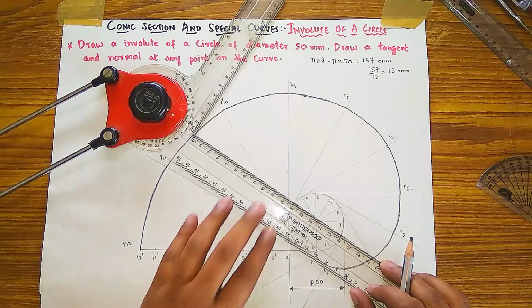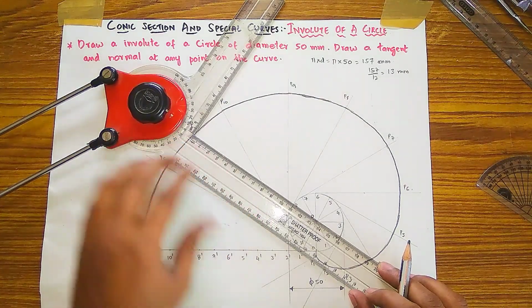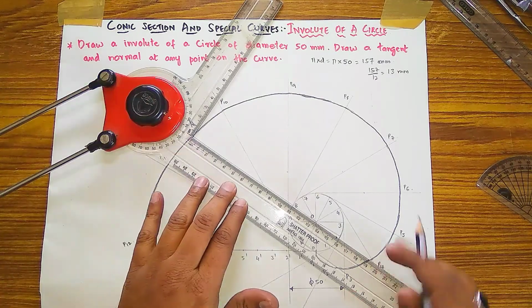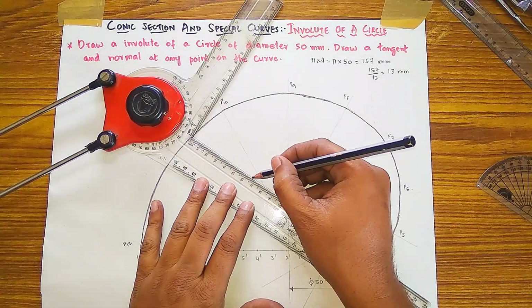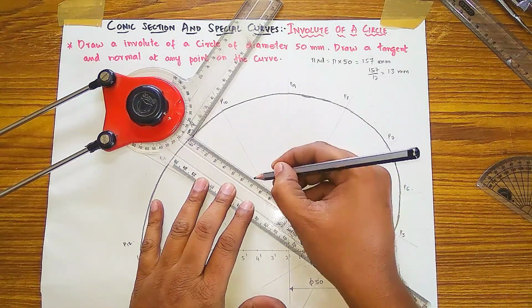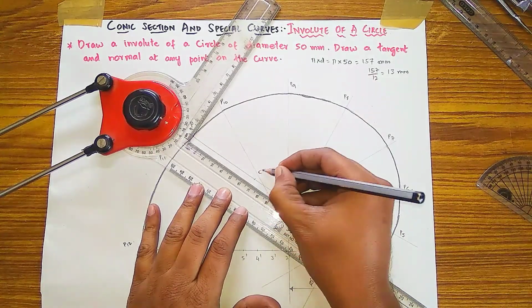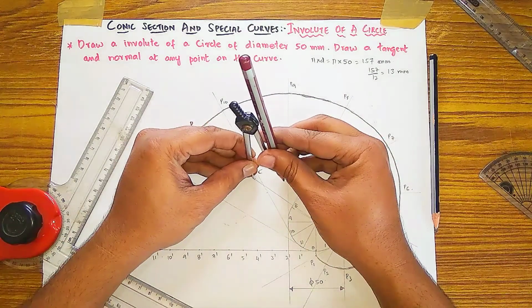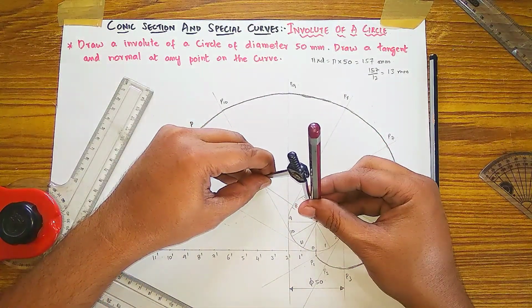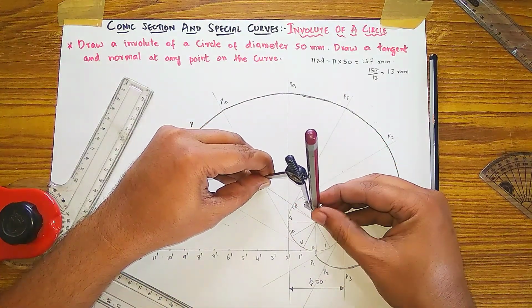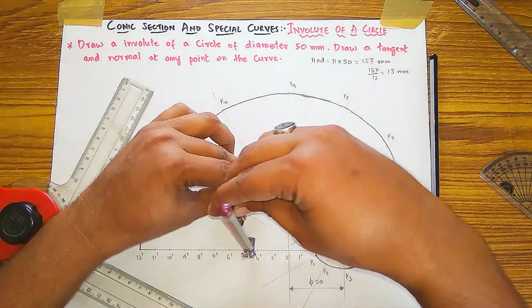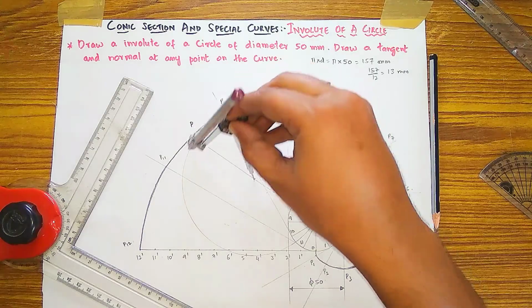So 6.75 I have to take on this. Here you will get the point, and this point I am labeling as C. Then take your divider, keep on that point C to O, and draw a semicircle from that point like this.